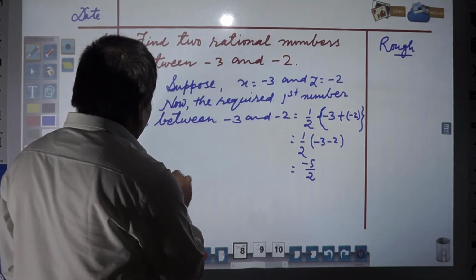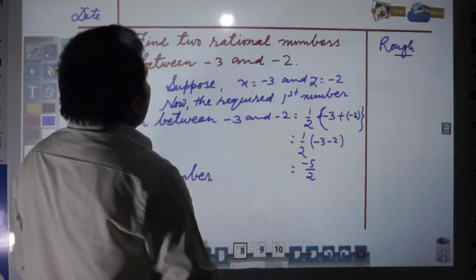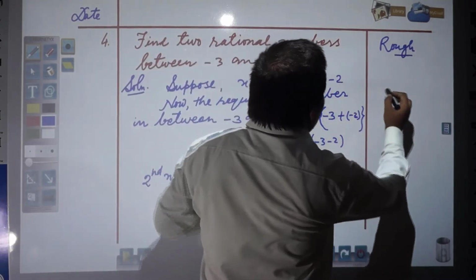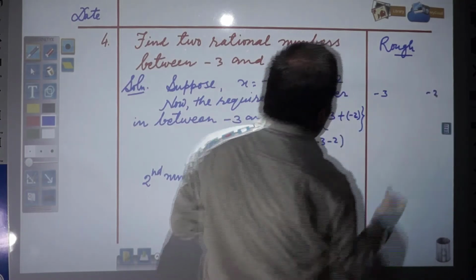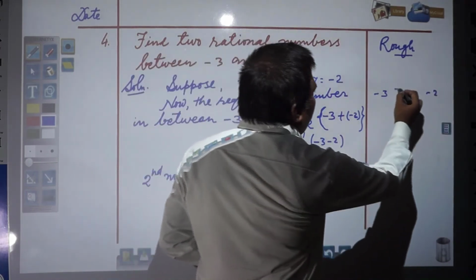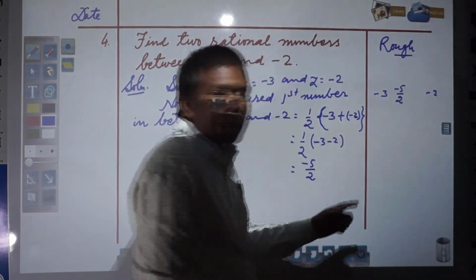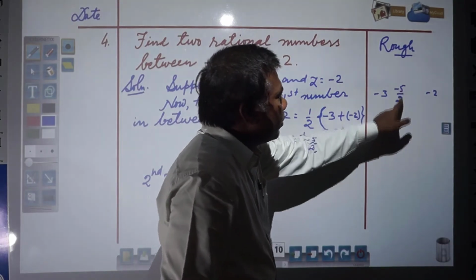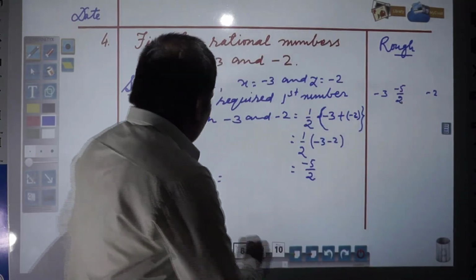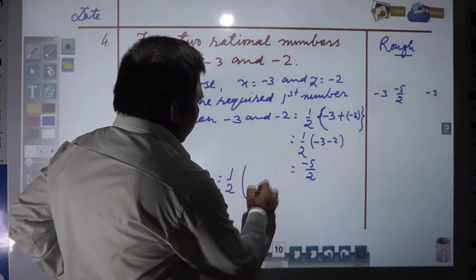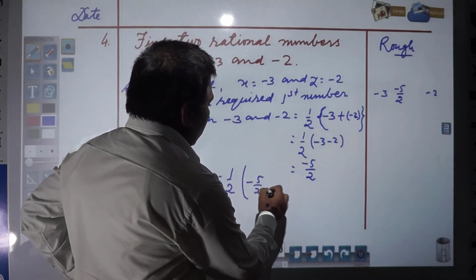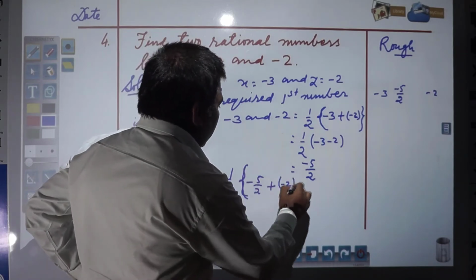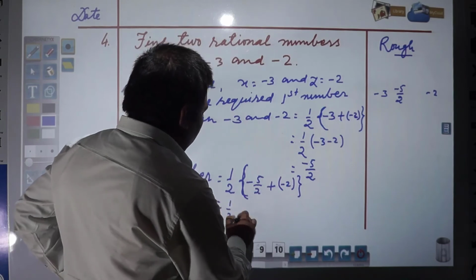Second number will be, see, you had -3 and -2. So one number already you have got, -5 by 2. Second number, if you need to find out, either in between these two you find out, or in between -5 by 2 and -2 you find out. So let's see, we will find out in between -5 by 2 and -2. Here you see, this will be 1 by 2.